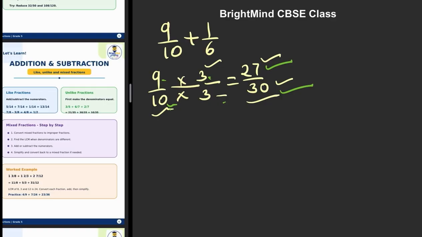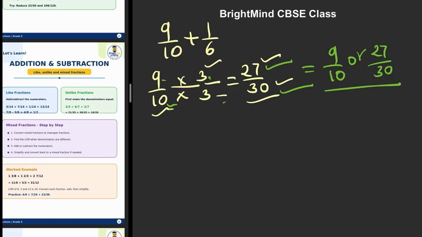So it means 9 by 10 and 27 by 30 represent the same number.